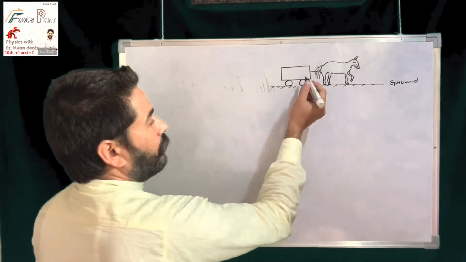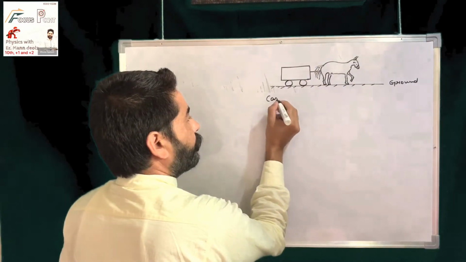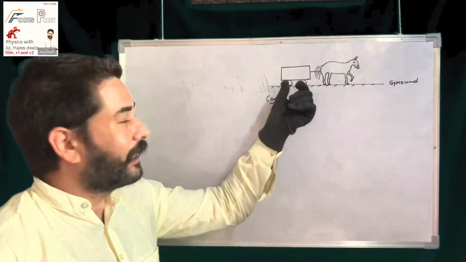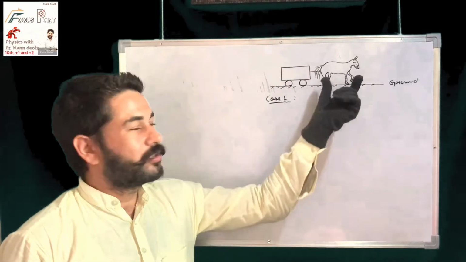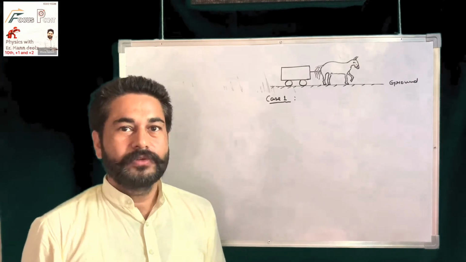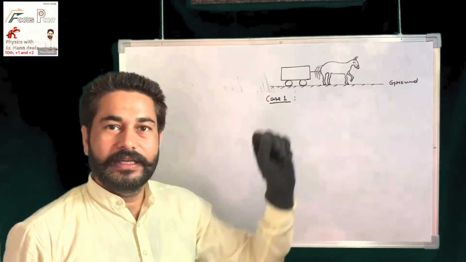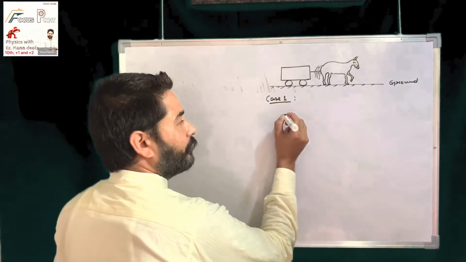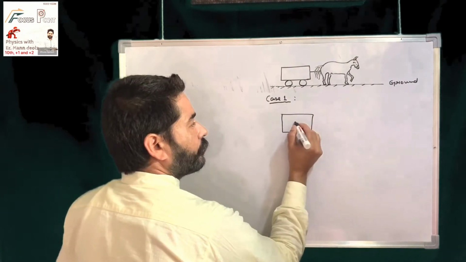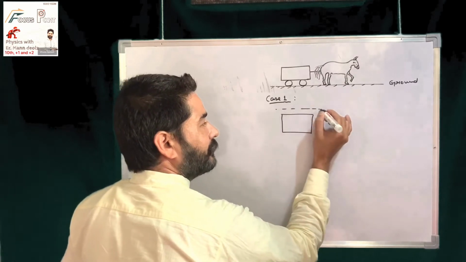Now, I'll take the cart as one system and the horse as another system. So let's draw a free body diagram of this cart as well as the horse separately. If I talk about the cart, and take it as one system.